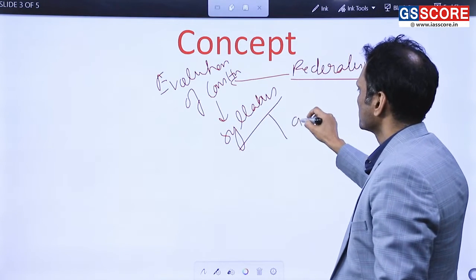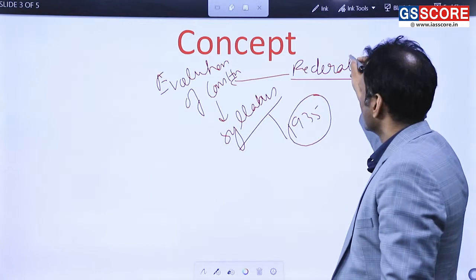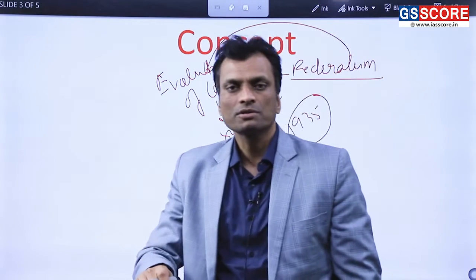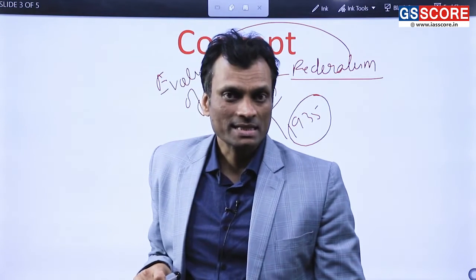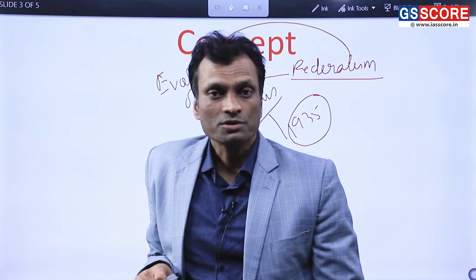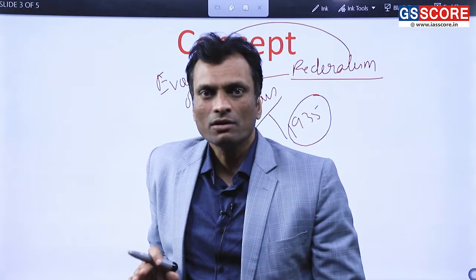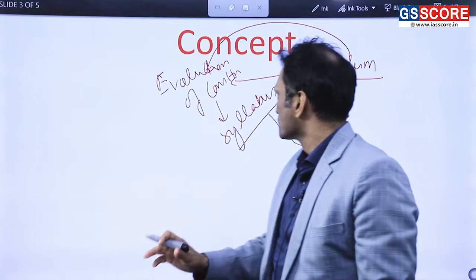With the 1935 Act in the picture, in the question, federalism has been linked with the first topic, evolution of the constitutional provisions, basically the British legacy, how the Constituent Assembly debates were done, or basically all developments in India after the 1935 Act.